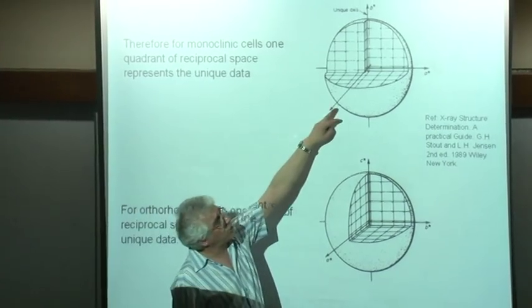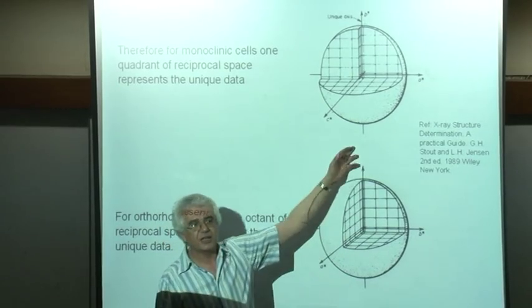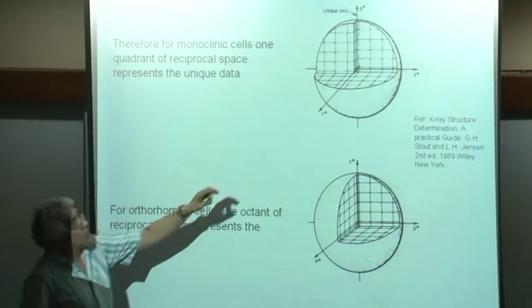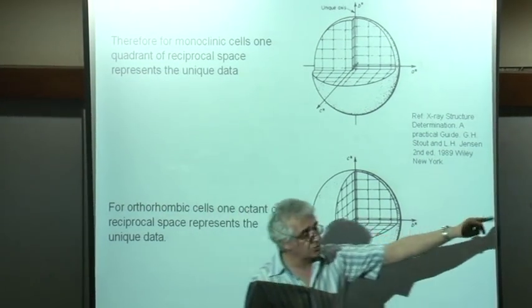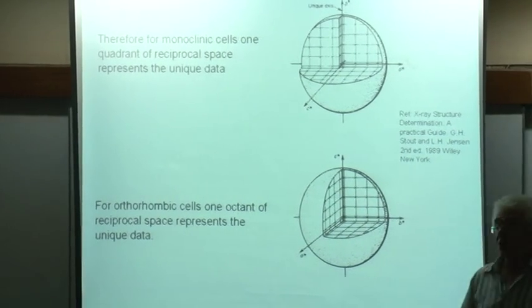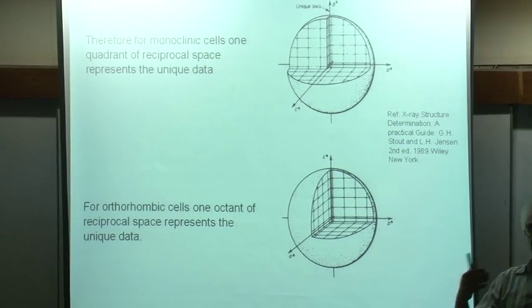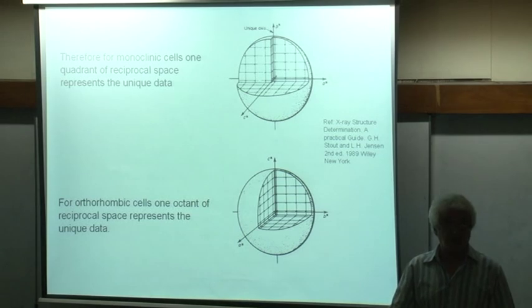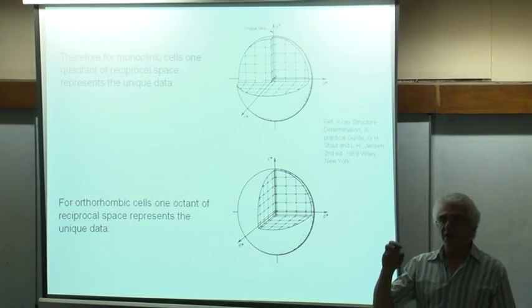This is a quarter of reciprocal space, so a quarter of the reflections, which gives you enough reflections to characterize the structure. Because the rest of them are related by this relationship, or similar relationship. What that means is, for single crystal data, you can collect data much, much faster. You only need to collect a fraction of the data that are unique.